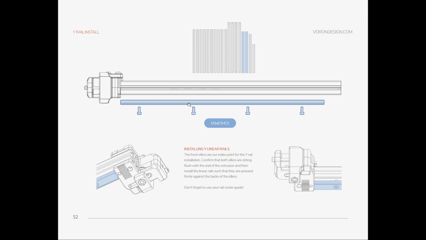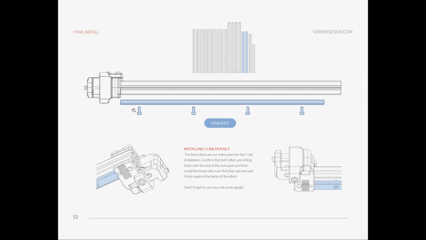The Y rails. After installing your idler on the frame, put your Y linear rail on the frame. Be careful about the orientation, like shown in here, and your rail needs to be flush with the idler. While you are putting this, don't tighten these screws yet.